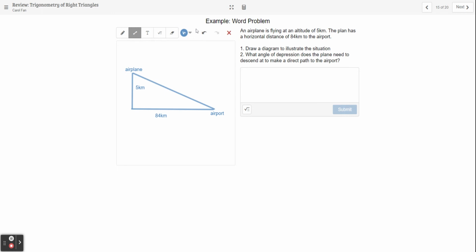Angle of depression is the angle created by the horizon looking downwards. So we've got our angle of depression here. But remember we said that the angle of depression is always equal to the angle of elevation, meaning this angle here.